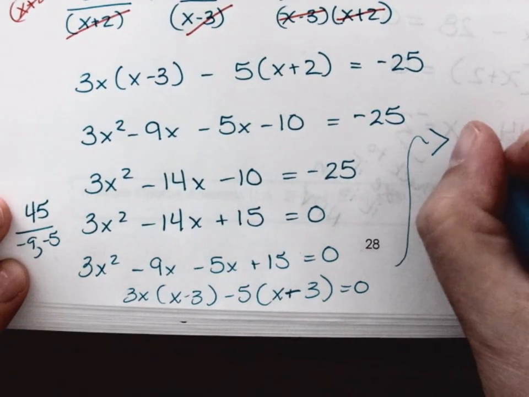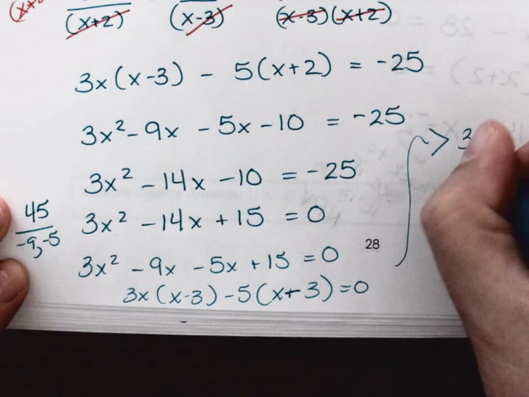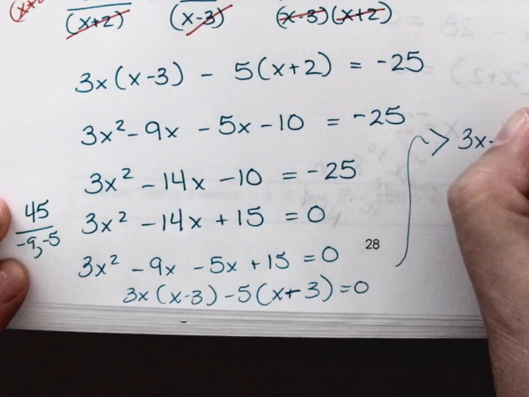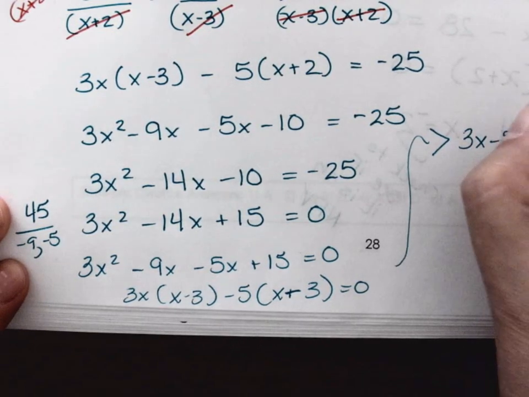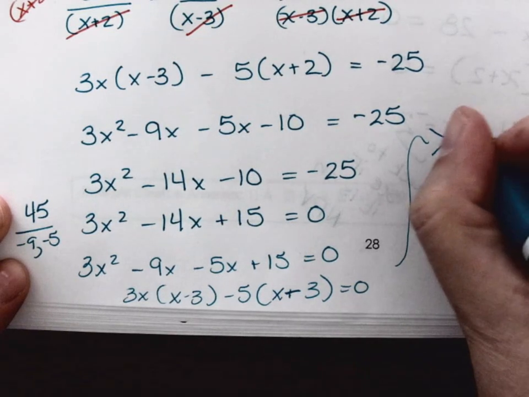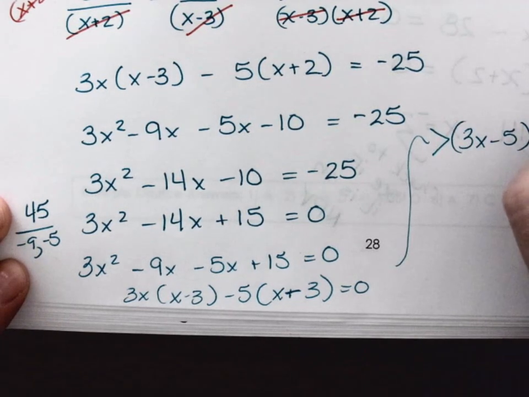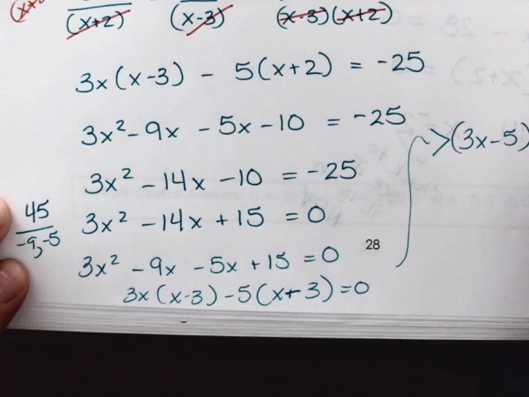How did I get 15? To the other side. But how'd you guys get positive? Negative 10 plus. Why is my 10 positive?